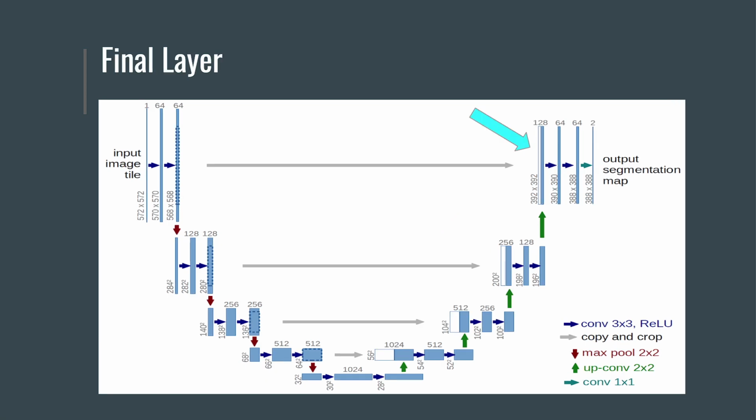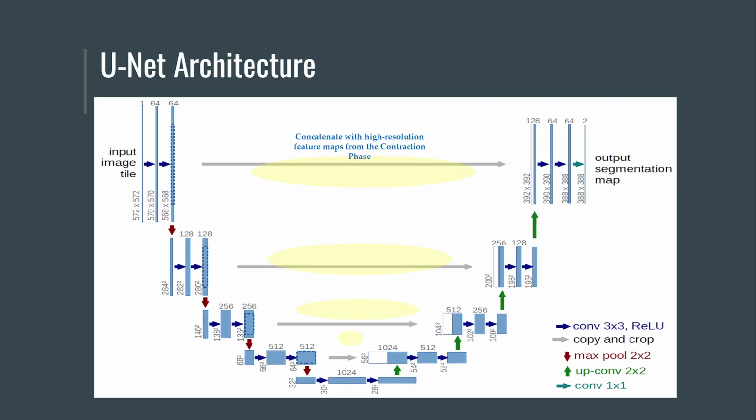Now, the final layer. What does the final layer do? The final layer mainly does the rest of the work. It outputs a segmentation map where each pixel in the image is classified into specific categories such as tumor, organ, brain hemorrhage, or background. Now, we will talk about the whole UNet architecture.